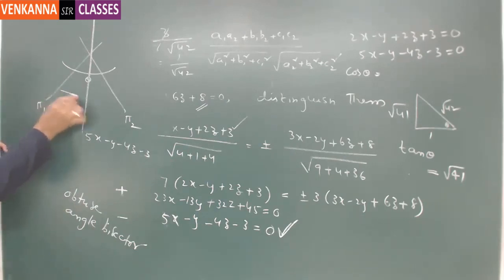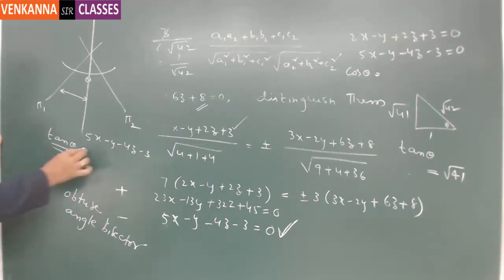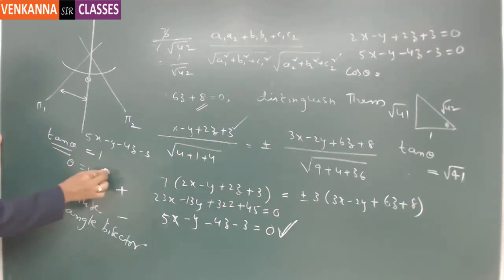I am calculating the angle between these two, right? I am calculating the tan theta value. Based on tan theta, I am saying it is acute angle bisector or obtuse angle bisector. How? If tan theta is equal to 1 means theta is equal to 45.